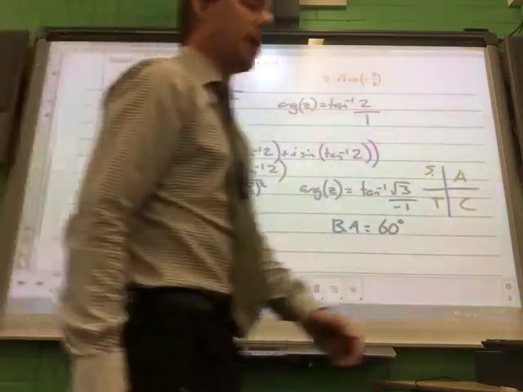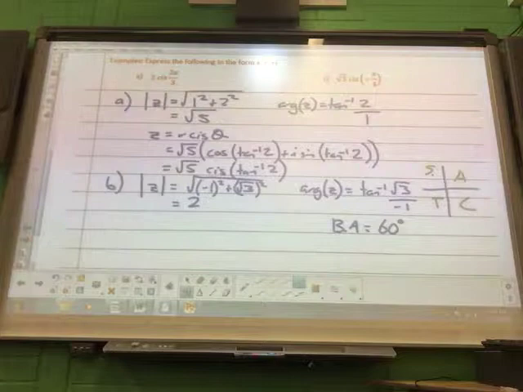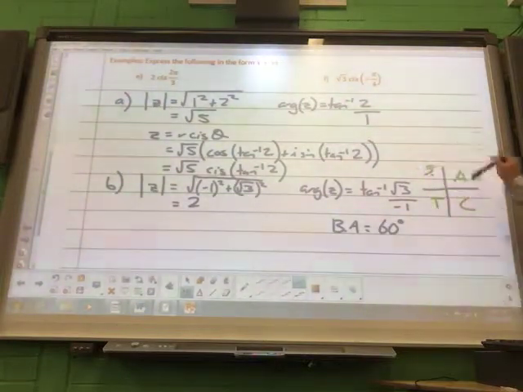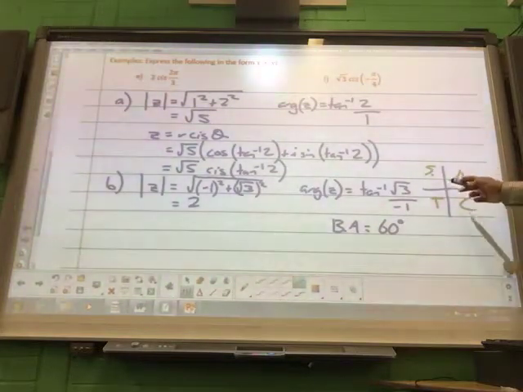I see what you're saying, without the negative sign. Because remember when we found the basic angle, in the second quadrant it's 180 take away the basic angle. Yep, so that's what we're going to do.